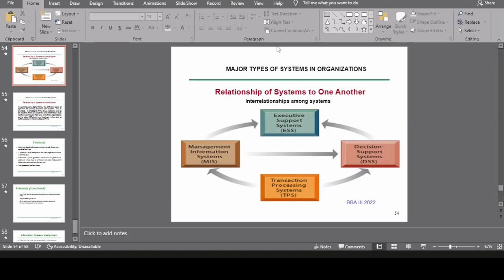That's why this arrow moving across to the DSS is there. Where you say sometimes the information from the transaction processing system will require to be aggregated, all these policies and statistics of human resource are brought here to the DSS such that it flows to the executive support system.